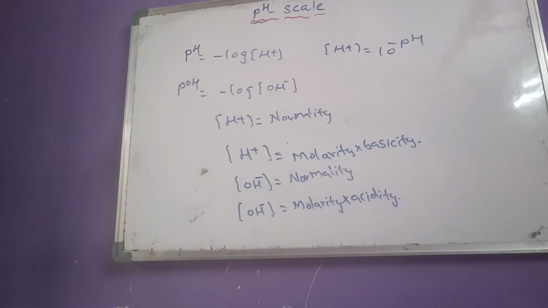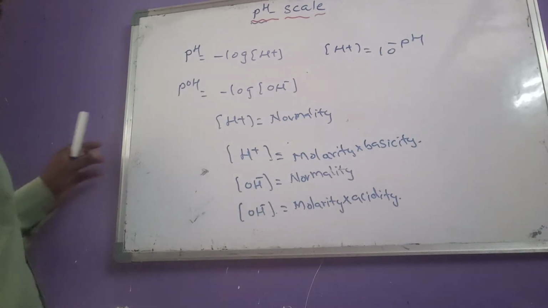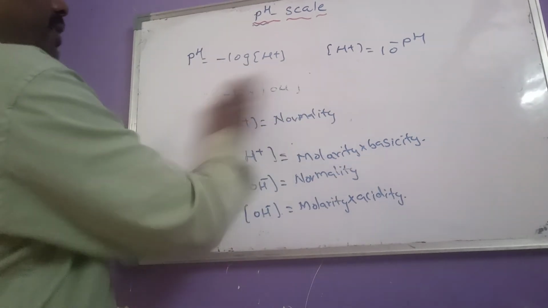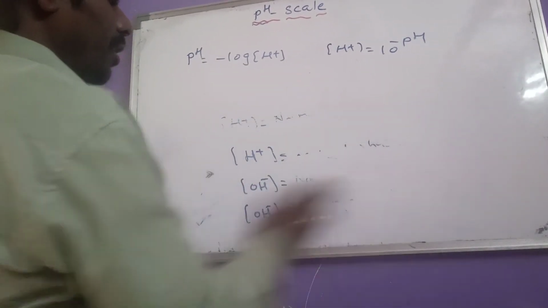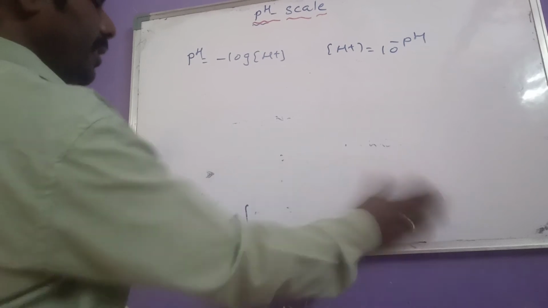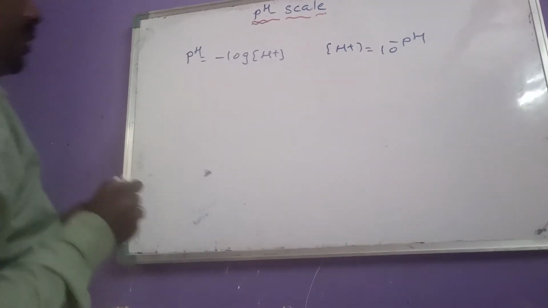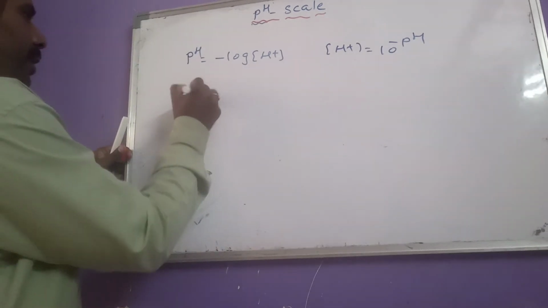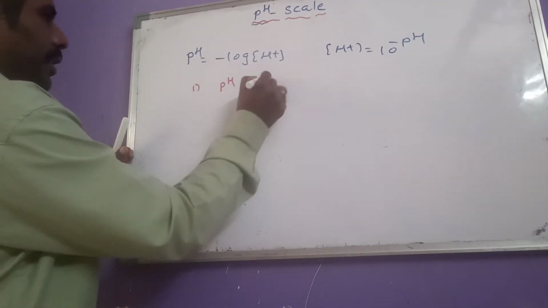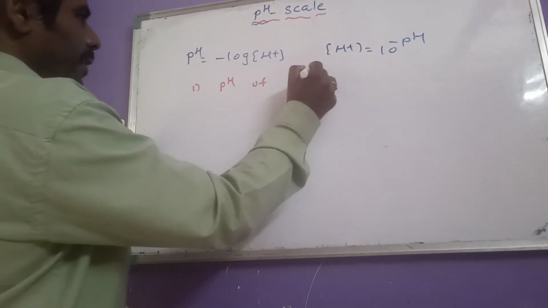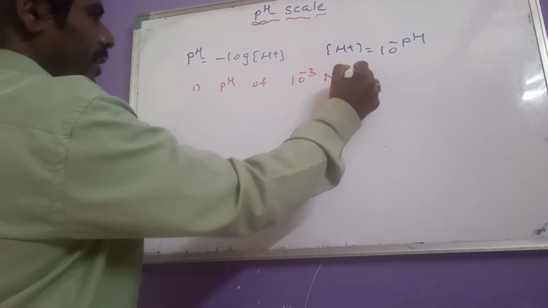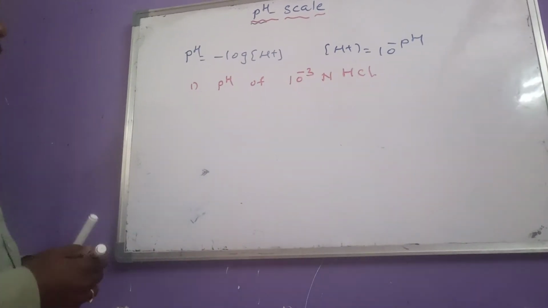So now let us go for some examples of how to solve that type of questions. First question: calculate the pH of 10 power minus 3 N HCl solution.